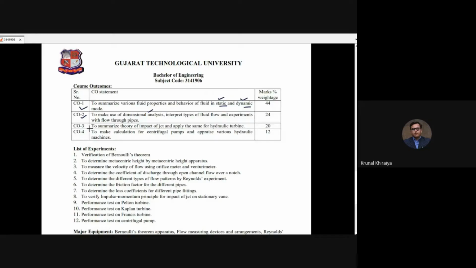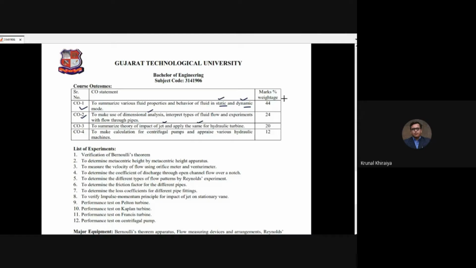CO3 is to summarize the theory of impact of jet and apply the same to hydraulic turbines. That means you have basic knowledge of the theories of impact of jet, and you need to apply it to hydraulic turbines for analysis. The fourth CO is to make calculations for the centrifugal pump and appraise various hydraulic machines.